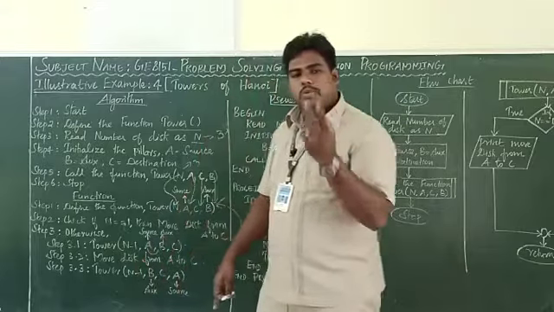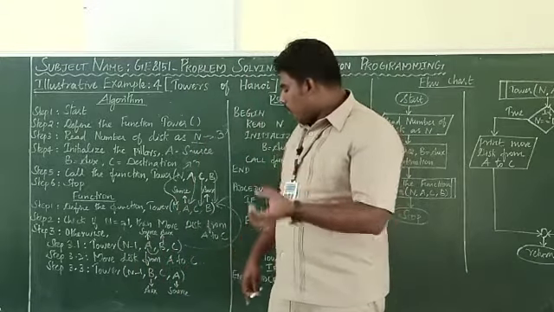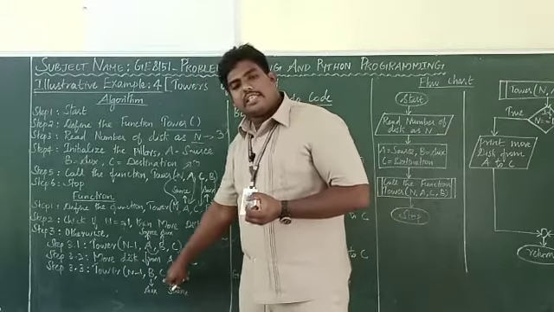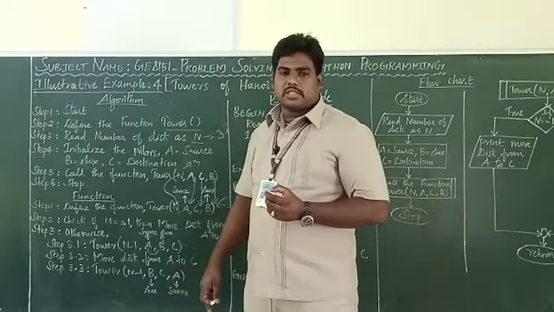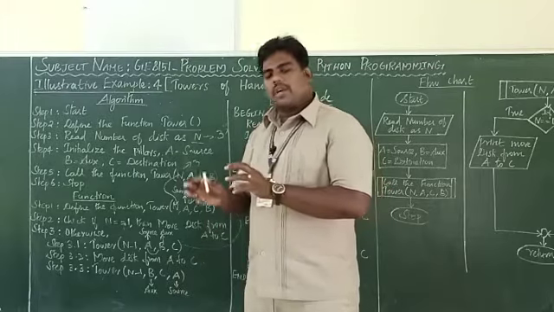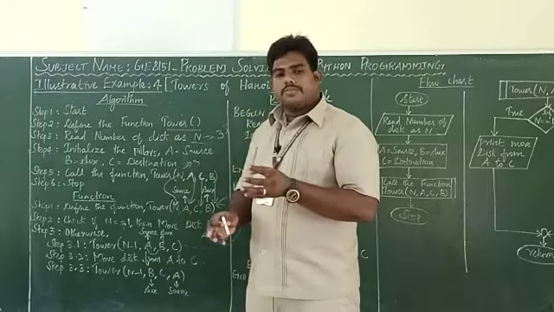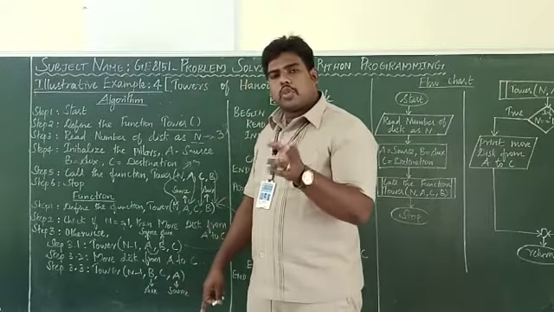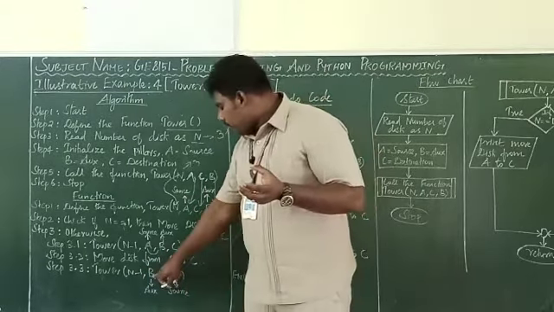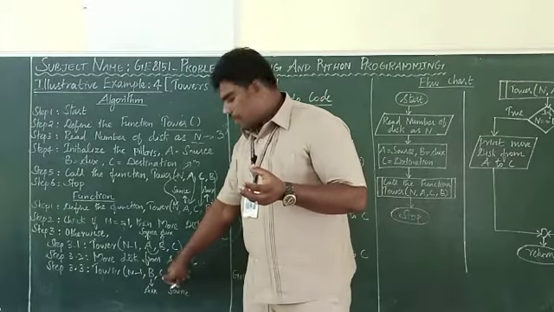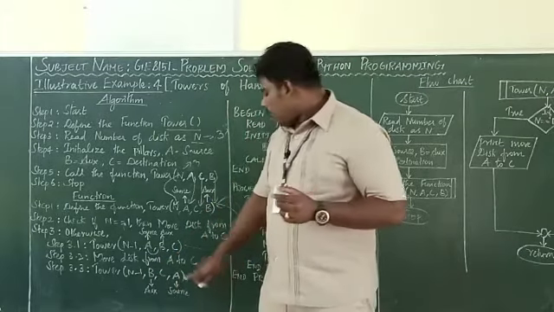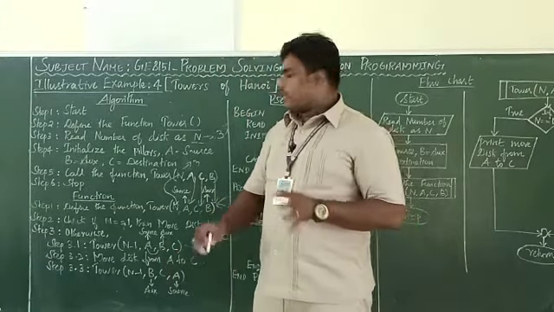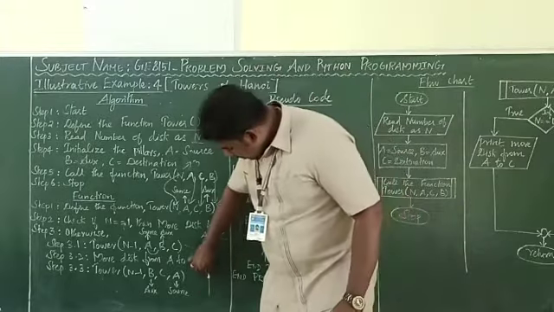That is 3 minus 1, 2. 2 disks we have to take from auxiliary and put to destination C with the help of the source. You have to swap 2 disks from aux, the second pillar, to the third pillar with the help of the source. Auxiliary to destination with the help of source. All of you got it? So at last you will get the pole like this.